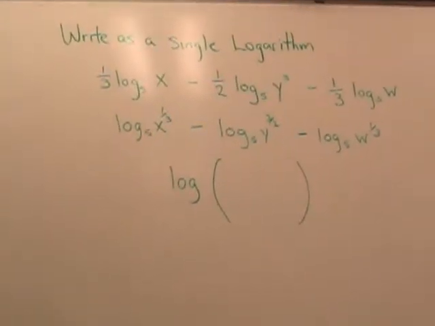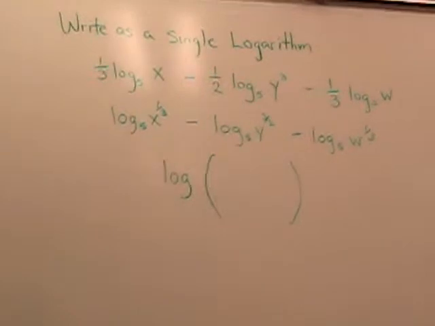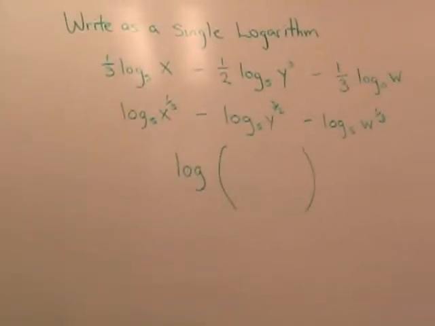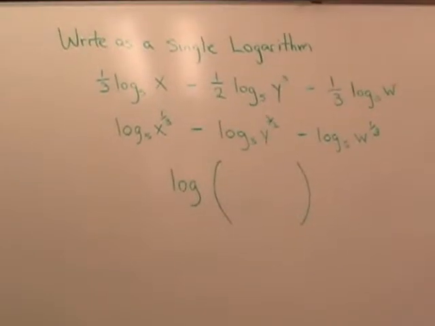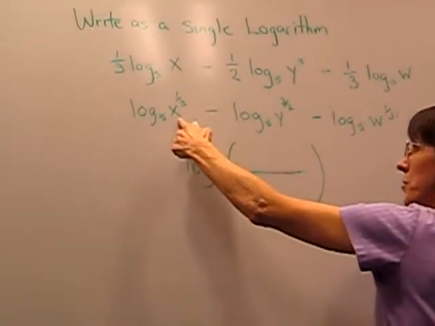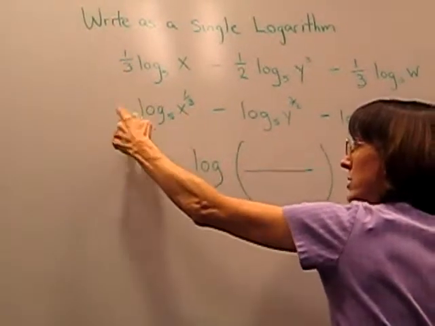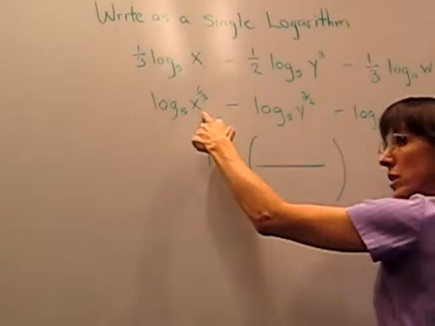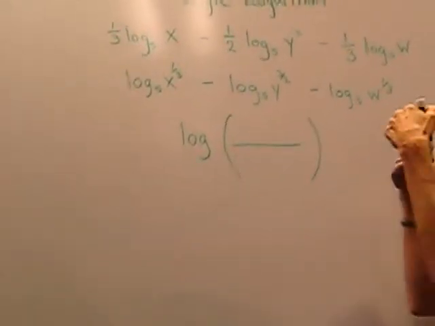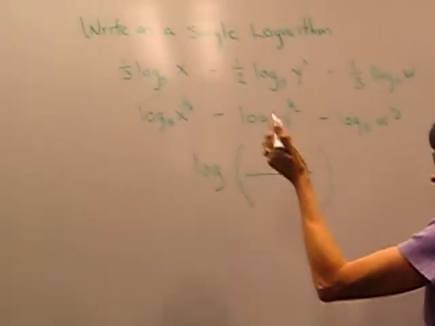A lot of times I get back from students log stuff over log stuff. Write the word log just 1 time when you're putting everything together. And then you have a fraction. Everything that was positive, had a positive log, goes on the top, because that stuff was multiplied and not divided. So it's just on top.